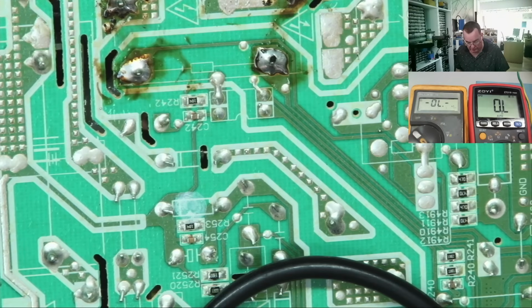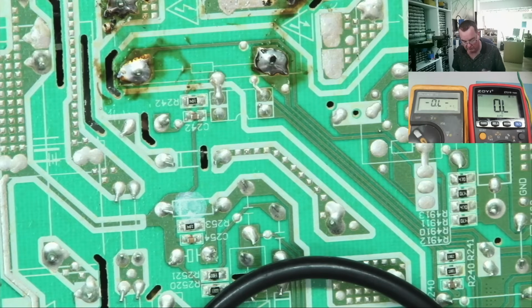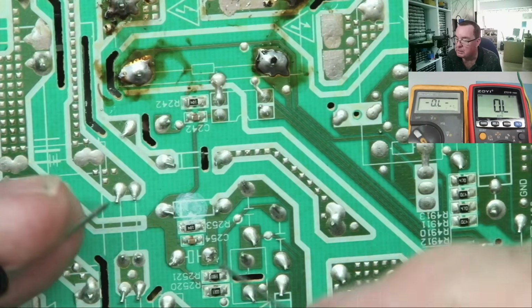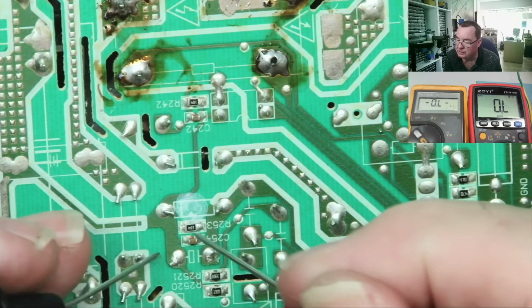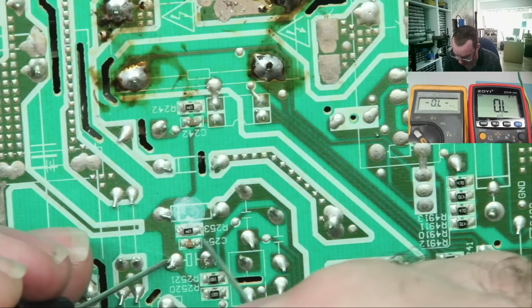Now I want to show you something a little bit strange here, guys. Don't let this confuse you. I've got the multimeter in auto ranging mode. If we go across this resistor, which I just put a mark by, you'll notice that it's wired across quite a large capacitor here by the looks of it.